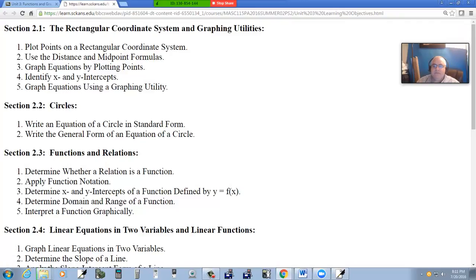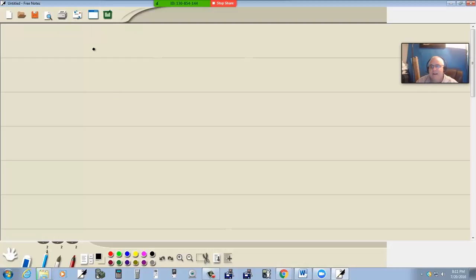Now it tells us to identify x and y intercepts. I'm going to show you two different ways. And let's say my graph looks like this. And I ask you what the x-intercepts and y-intercepts are.